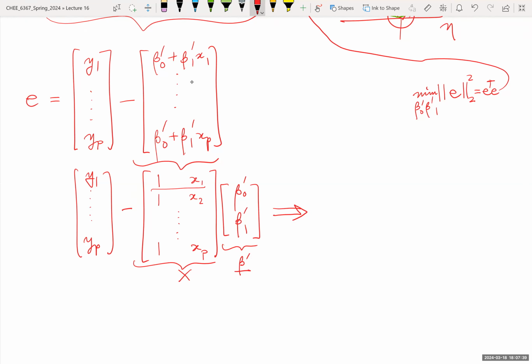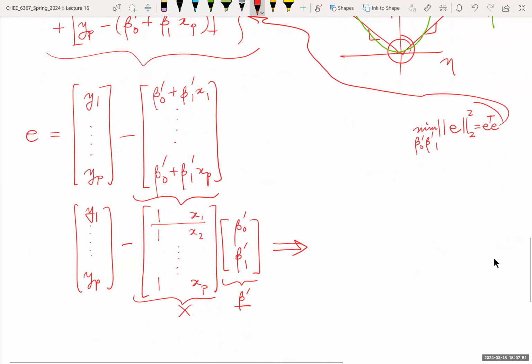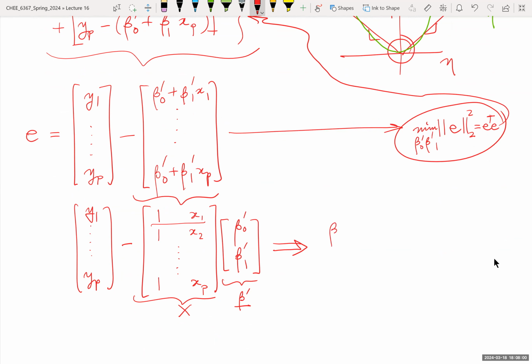One is you can get the optimal values for beta 0, beta 1. You can get the values that minimize the sum of the squared errors. So if I put that in here, I get that the optimal values, which typically are denoted by hat.